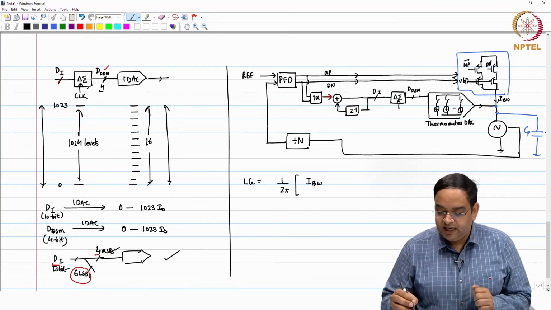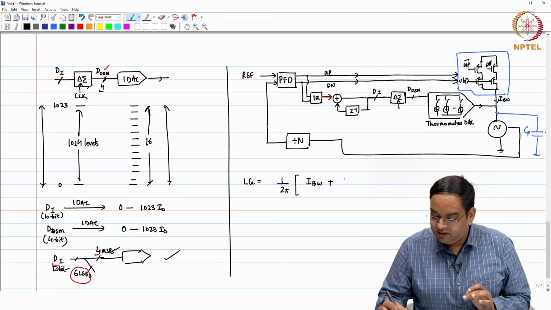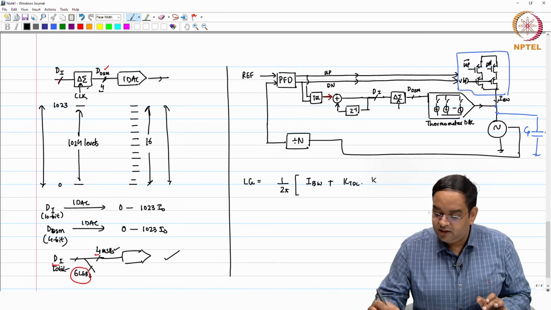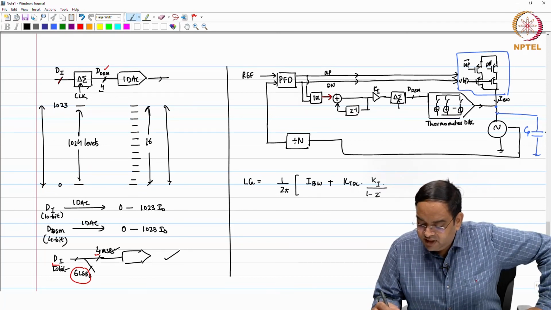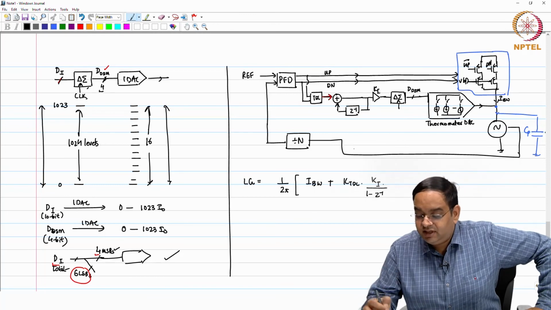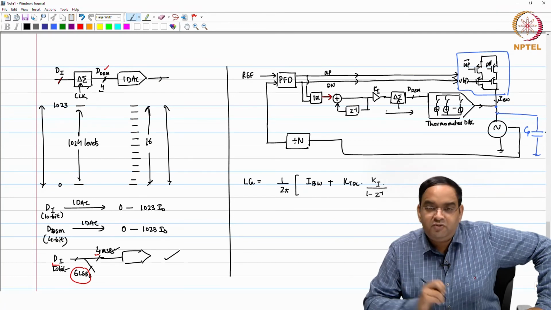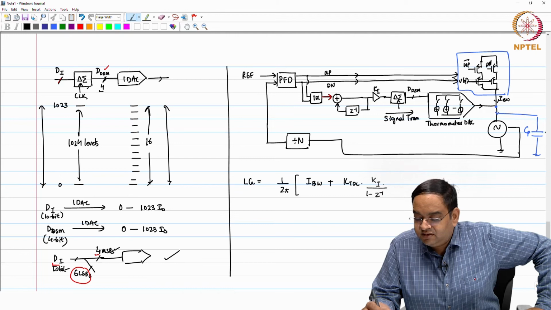You have I bandwidth here, and then plus you have this KTDC times 1 by, there is a gain here also involved. Let us just write that, depending on how many bits you are dropping or what you are multiplying, Ki by 1 minus Z inverse, delta sigma and everything else will do. So, just only the signal path. So, from here to here, the signal transfer function, or STF, remains the same.